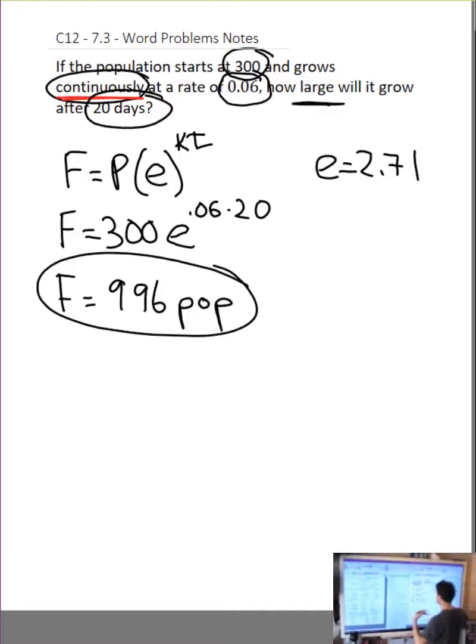We just want to think approximately. So 300 growing at 0.06 in 20 days. Well, if that's 0.06 per day, then that's about 6% a day, and then we could see that growth pattern. Feel free to try that on your own.